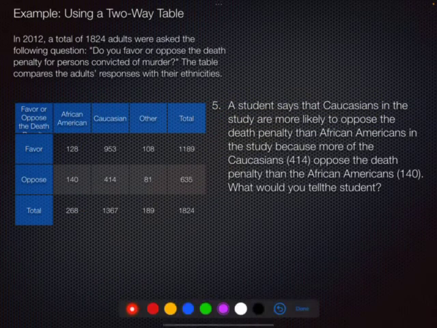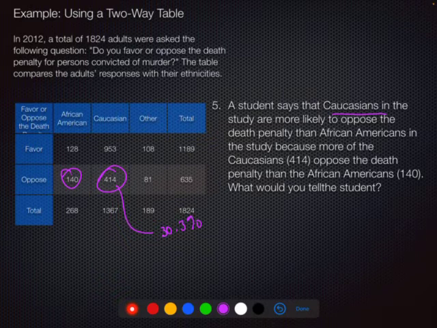And our last question. The student says that Caucasians in the study are more likely to oppose the death penalty than African Americans in the study because more Caucasians, 414, oppose the death penalty than African Americans, 140. What would you tell the student? Well, when we did the percent of Caucasians, it was 30.3% who did not like the death penalty.